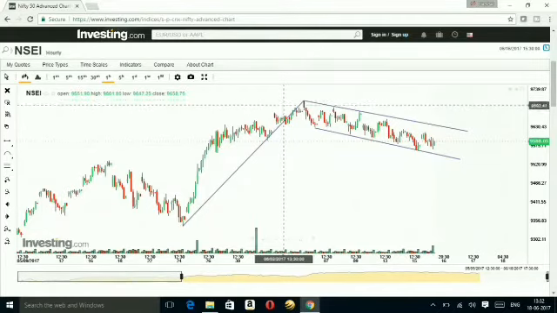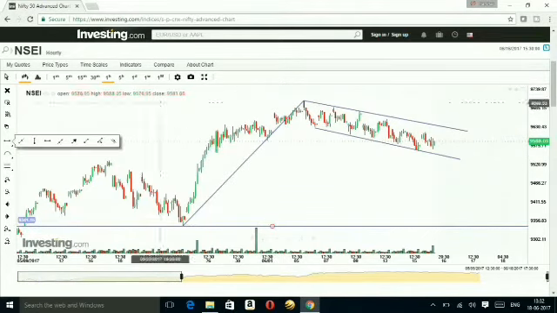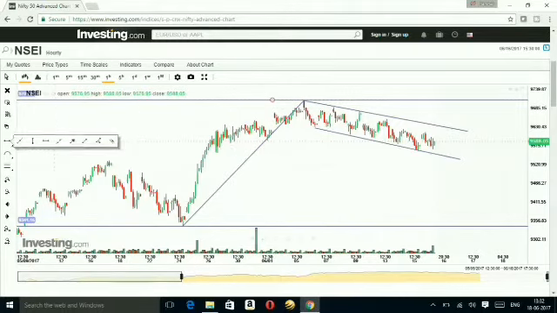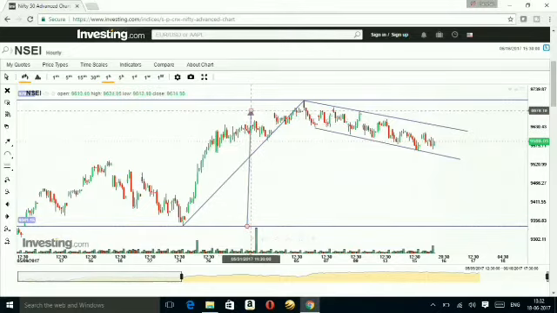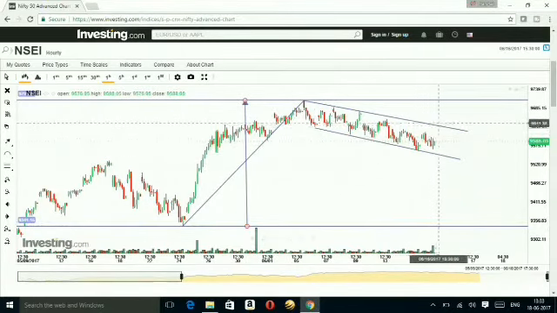from here, from here to here. And this would be the difference of the pole. So you can expect 9350 to 9700, so 350 points of rally from here.